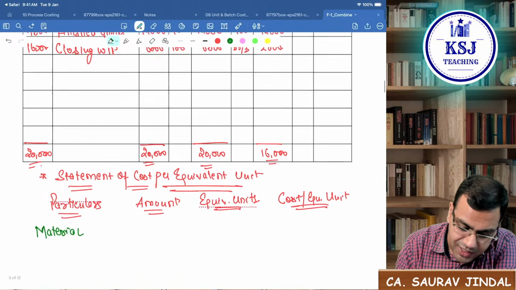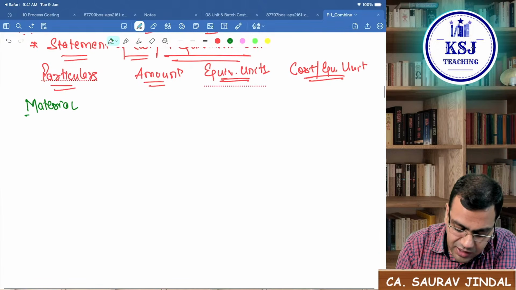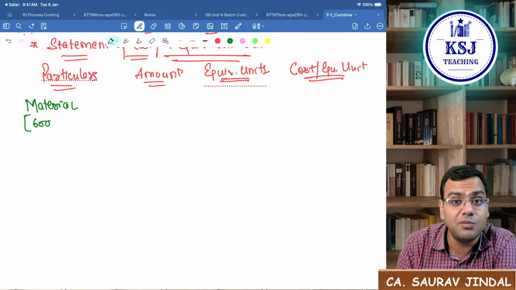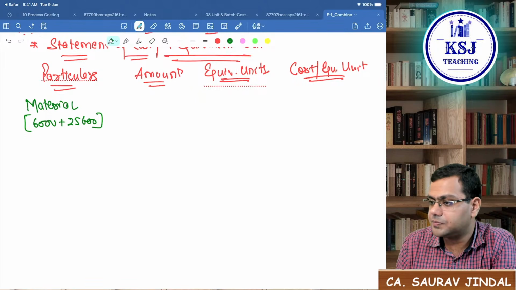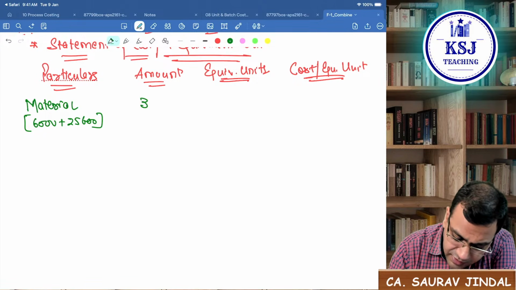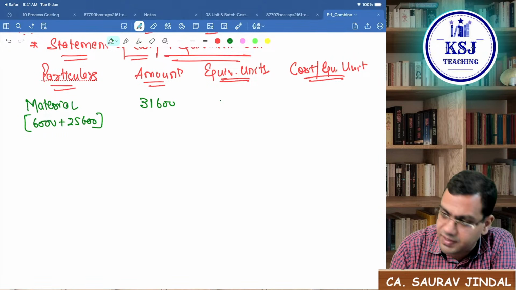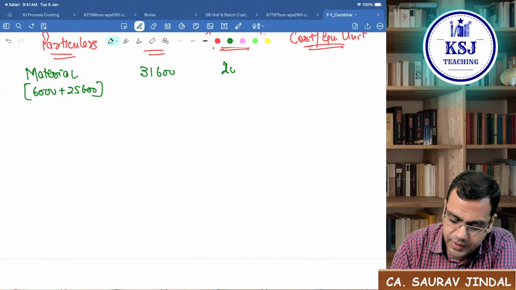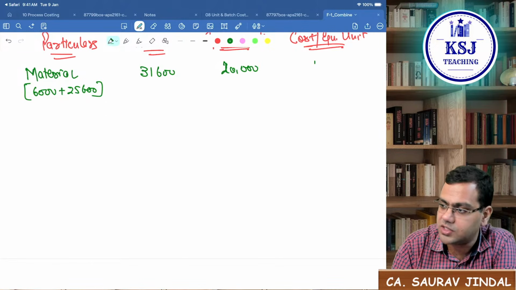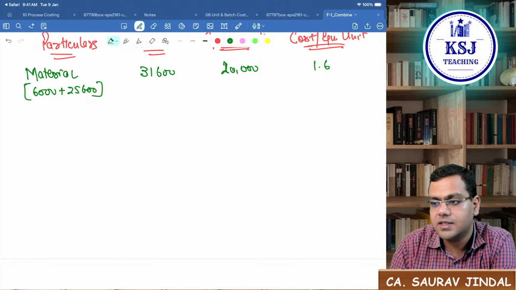So here also we'll take that. Now the material cost is what? 6,000 incurred in the previous period, 25,600 in the current period. Total 31,600 on equivalent units. How many? 20,000. On 20,000 equivalent units, the cost per equivalent unit is 1.6.